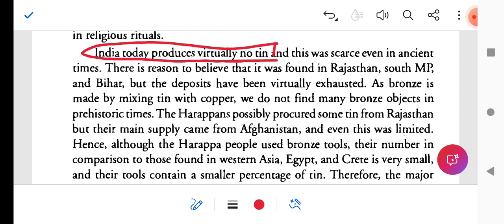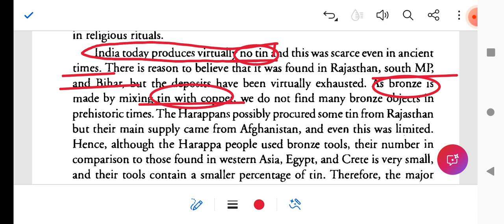Because tin was not present at that time, bronze was not created during this period, and tin was scarce even in ancient times. There is reason to believe that it was found in Rajasthan, South MP and Bihar, but the deposits have been virtually exhausted, as bronze is made by mixing tin with copper. Bronze is made up of tin and copper.